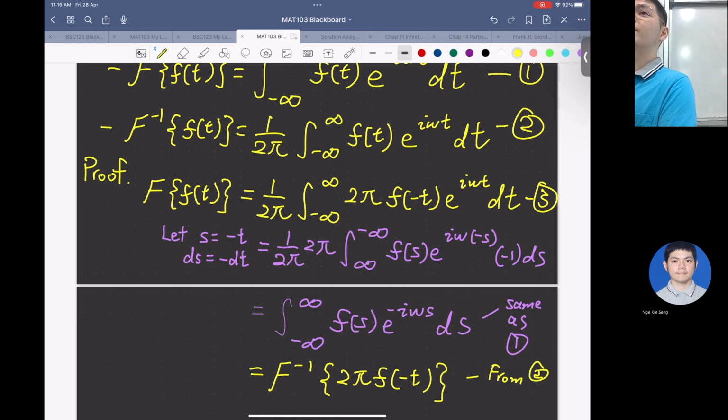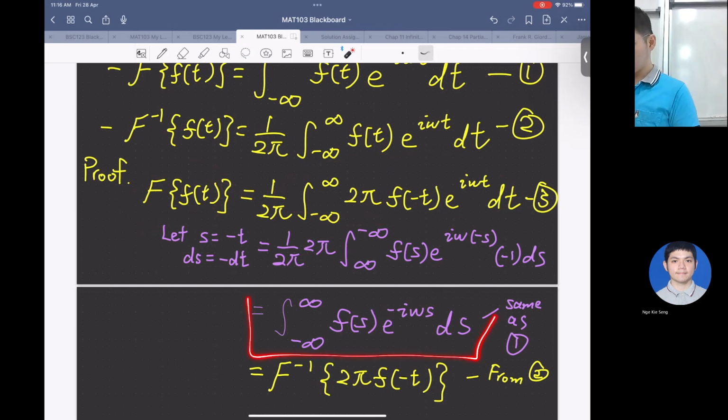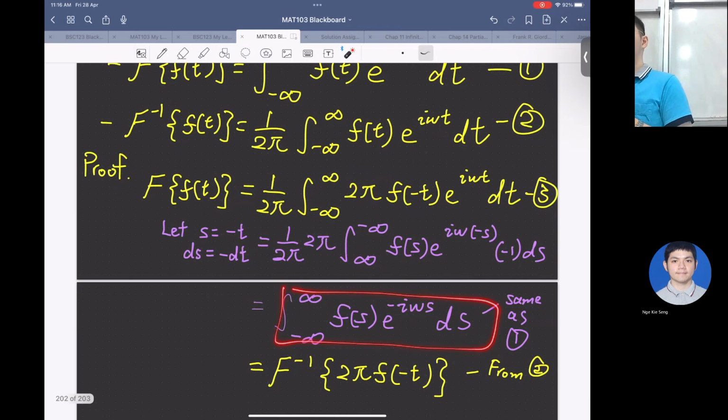Say again. You mean this one? Left hand side? No, because of this line here.